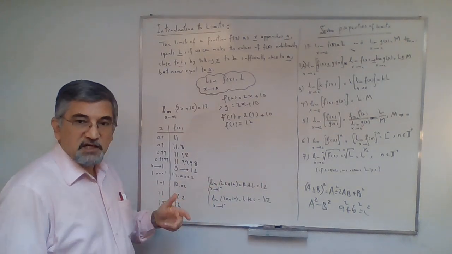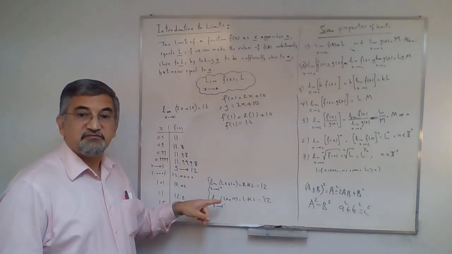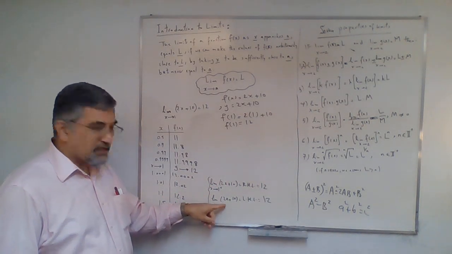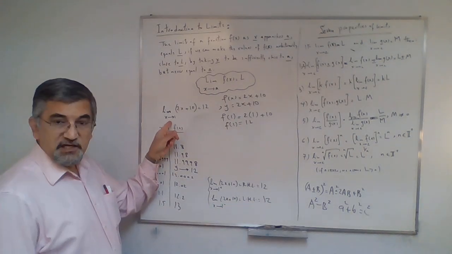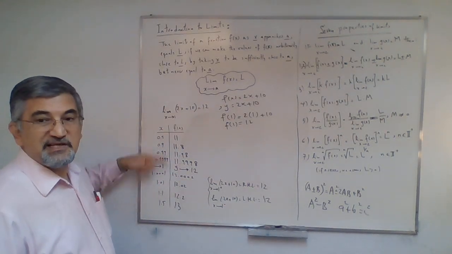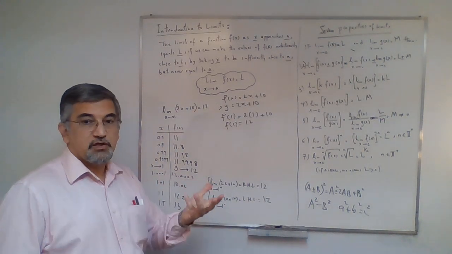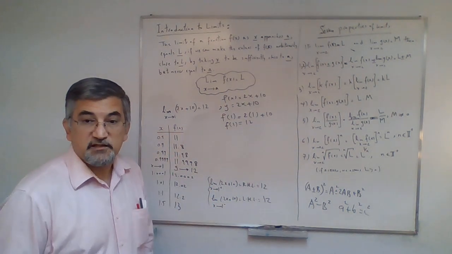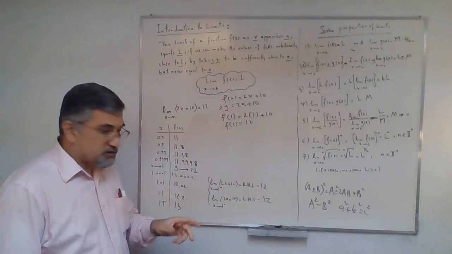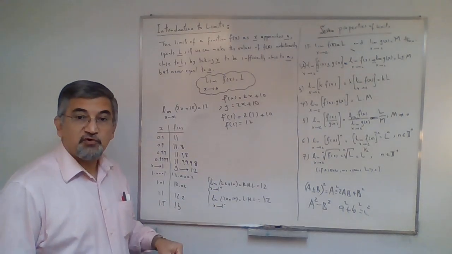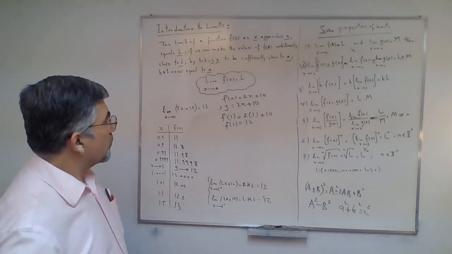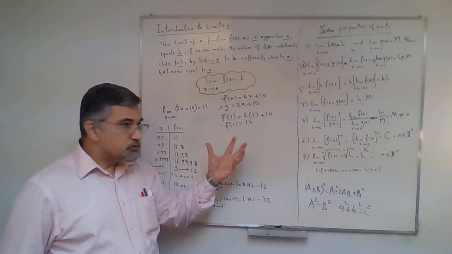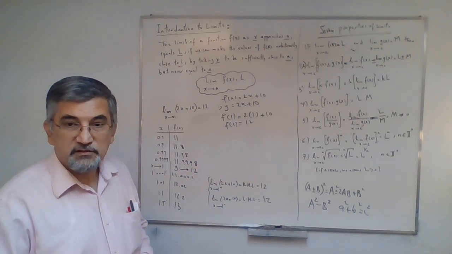Or if you want to discuss a situation where x is approaching 1 from the left-hand side only, you must write that negative sign at the top. But when you don't write anything, it could mean either way, all right? Generally speaking, when x approaches 1, it doesn't matter from the right side or left side. But if you want to be specific, then you have to put the plus or minus sign at the top right corner of 1.